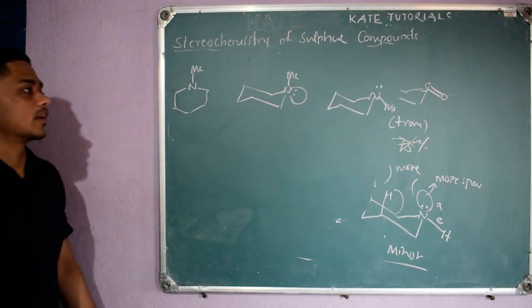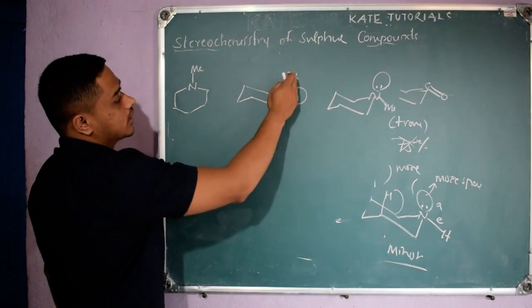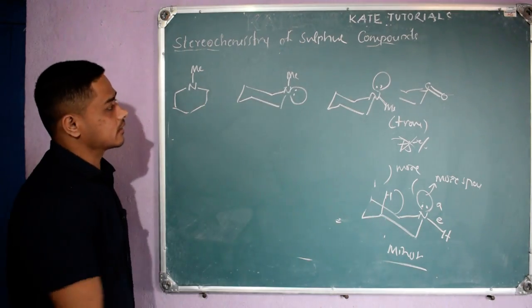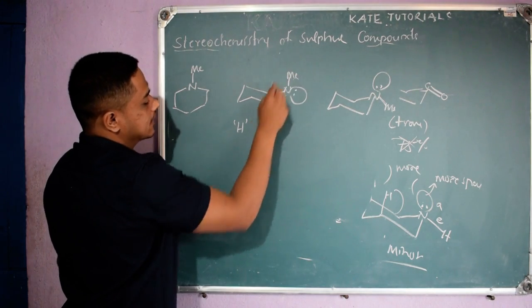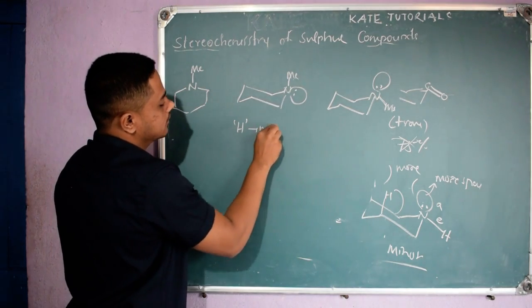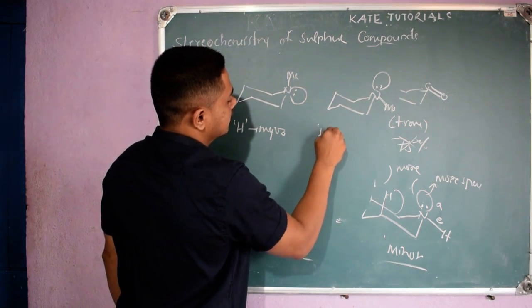Which one is major now? In the last case, with respect to hydrogen, if hydrogen was at axial position, that was major. If hydrogen was at equatorial position, that was minor.